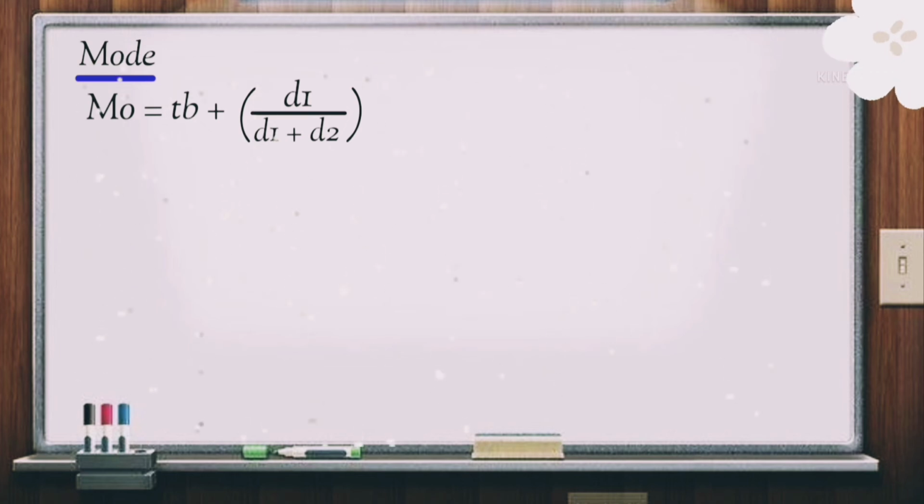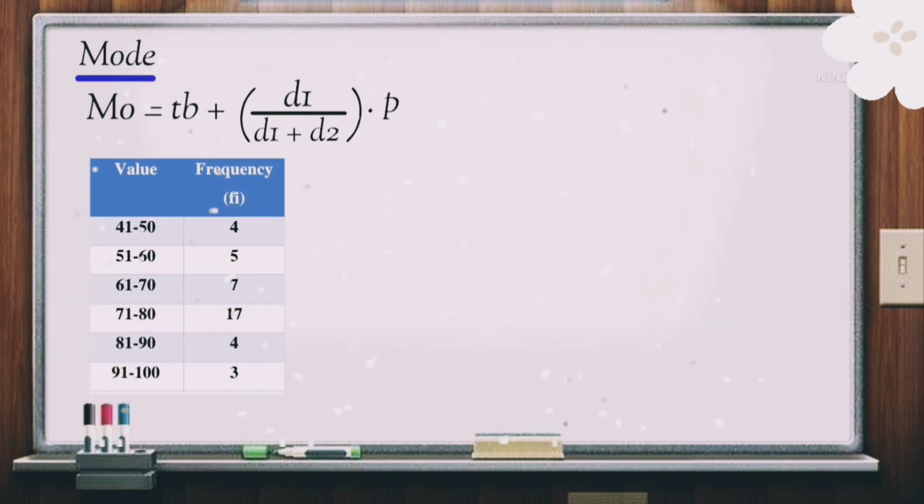Next, determine the mode. Use the formula mode equals TB plus D1 divided by D1 plus D2 multiplied by P. TB here is the lower edge. D1 is the difference between the frequency of the mode class and the frequency of the previous class, while D2 is the difference between the mode class frequency and the class frequency after that, multiplied by P, which is the length of the class.